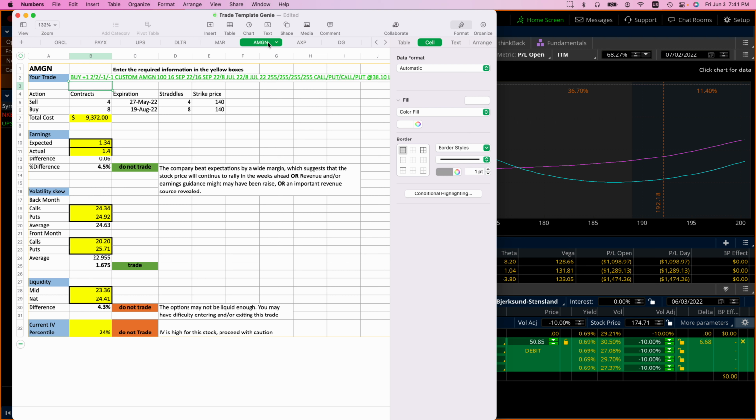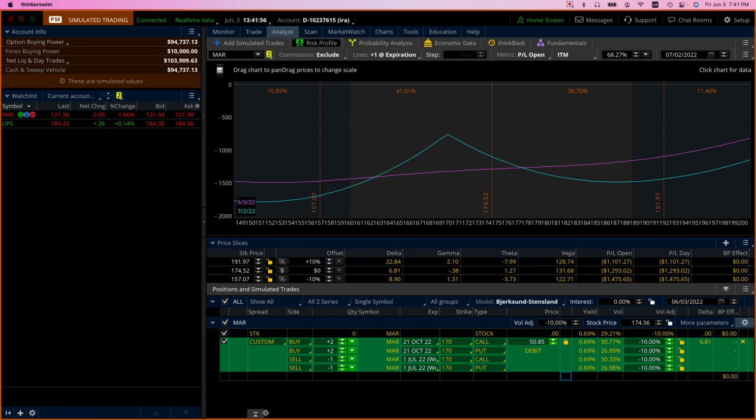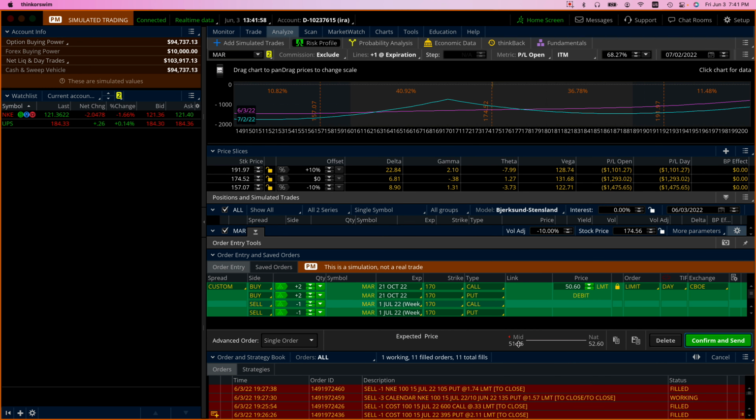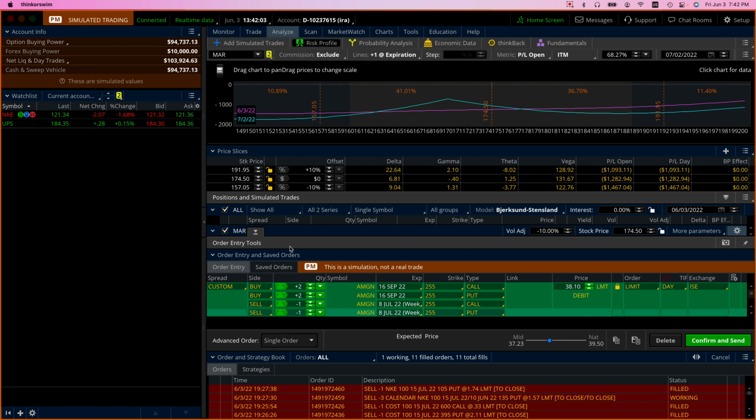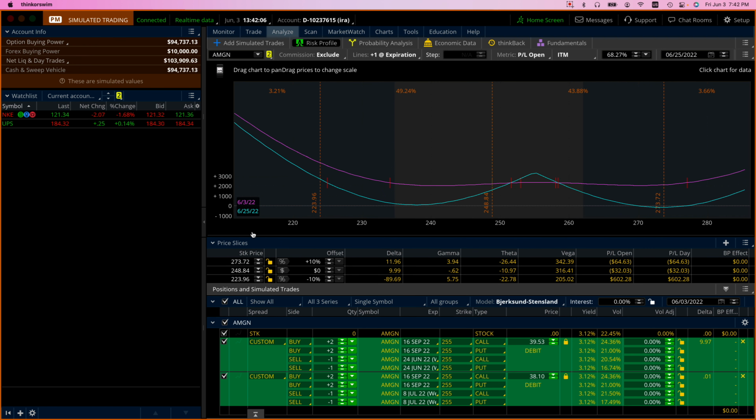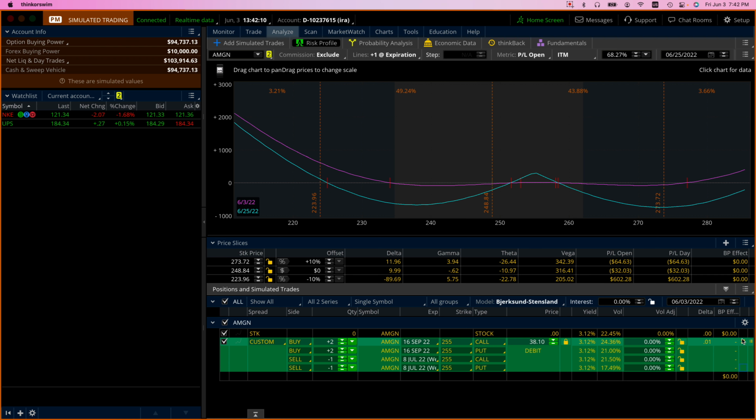Is Amgen. Let's copy that. I'm copying the trade, pasting it here, and we're going to go through the same process of elimination. Paste there, analyze. And what is the implied volatility on Amgen? Oh, this is way low.